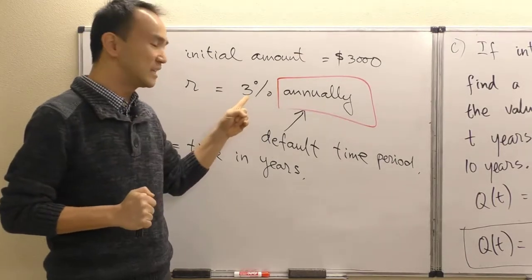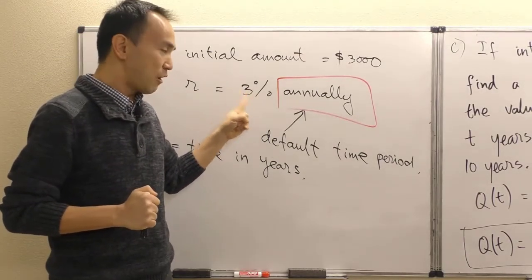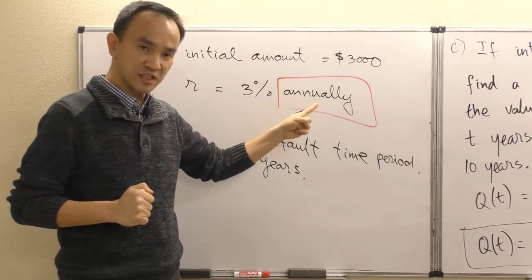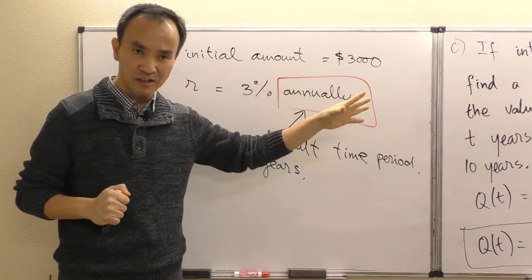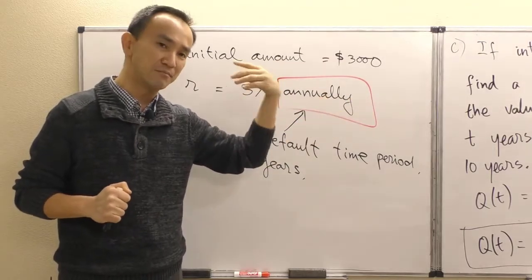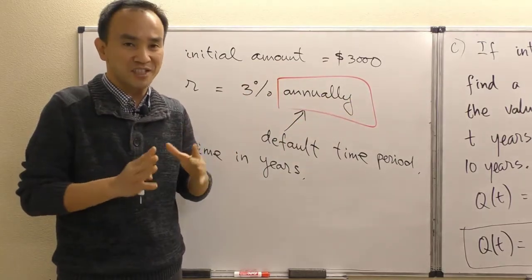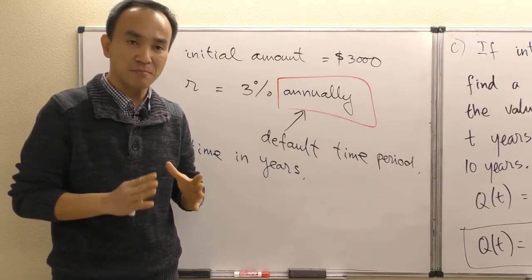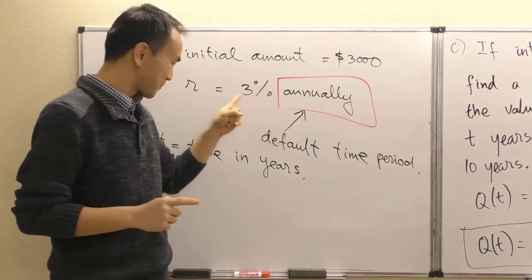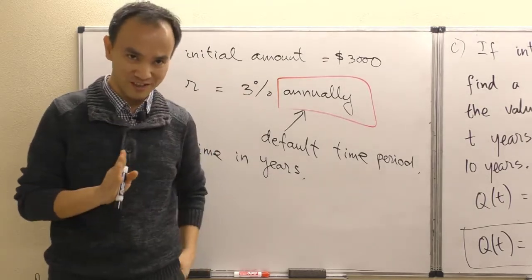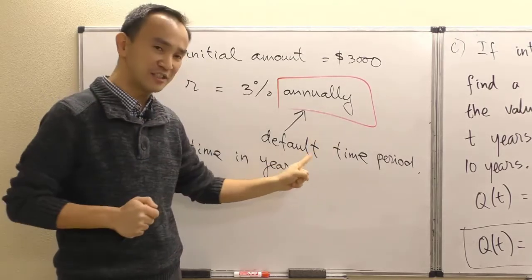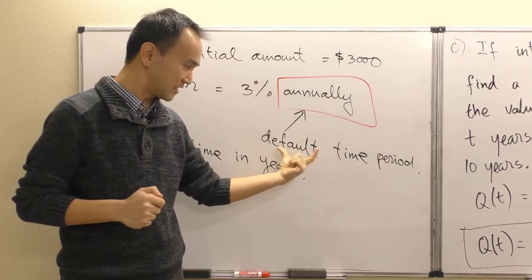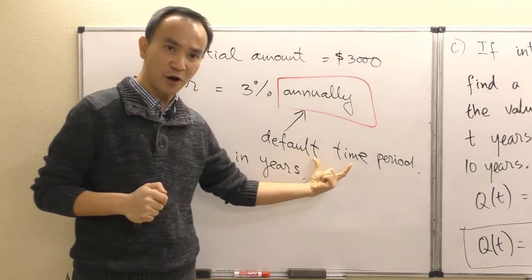So these rates are always associated with some kind of default time period, and so being annual or being monthly or being whatever, it's just basically a default time period that's associated with the rates given. So that's one thing I want to make clear, and I want to emphasize in your understanding that there's always a default time period.